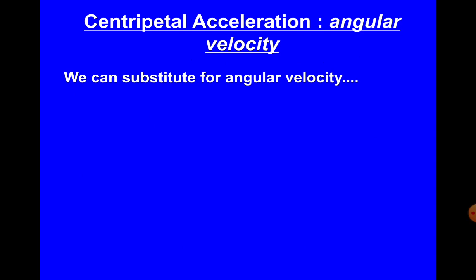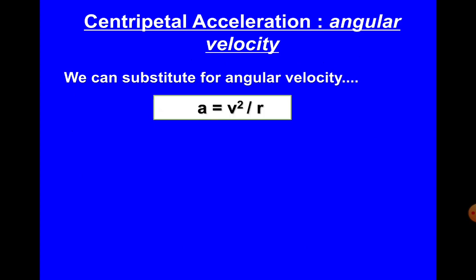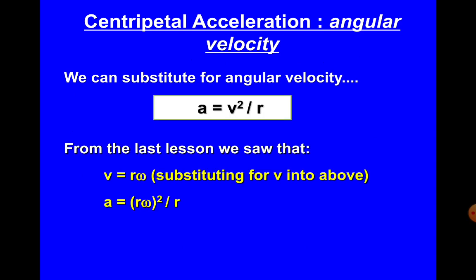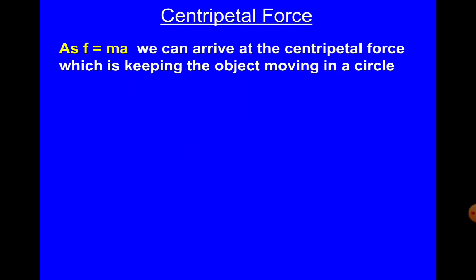We can substitute for the angular velocity. A is V squared over R, and we saw that V is R times omega. We substitute for V into the above, and then we get for the acceleration A equals R times angular velocity squared. Now, if we know the acceleration, we can also calculate the force involved in a circular motion.